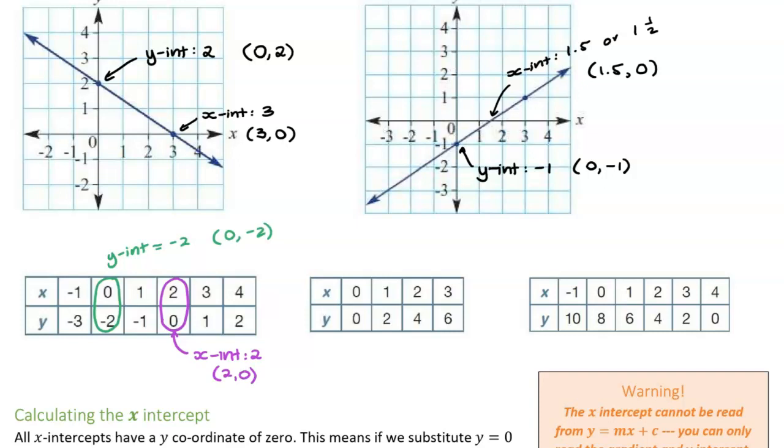Now the next one is pretty interesting. I'm looking for my y-intercept where x is 0, and for my x-intercept where y is 0. But I notice the zeros are both together here. So that actually means that the y-intercept is 0, because that's the value of y when x equals 0.